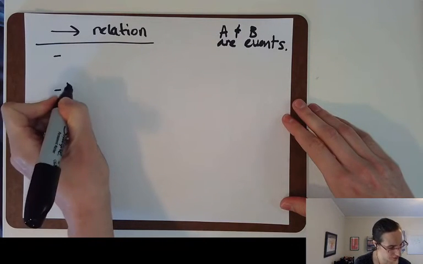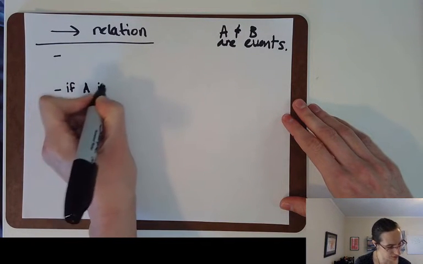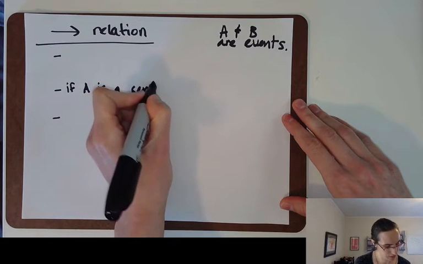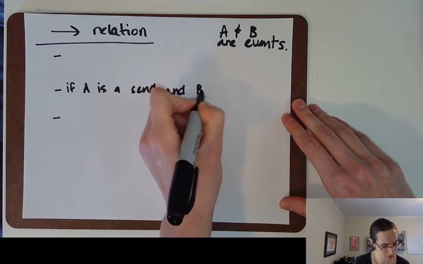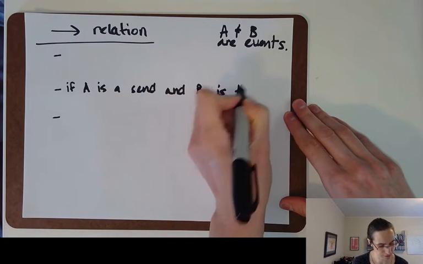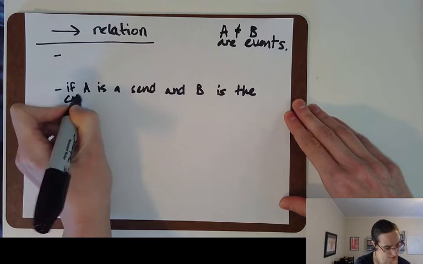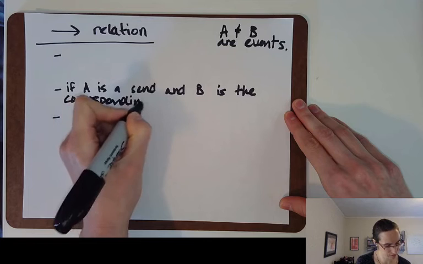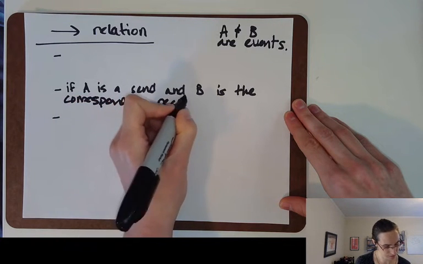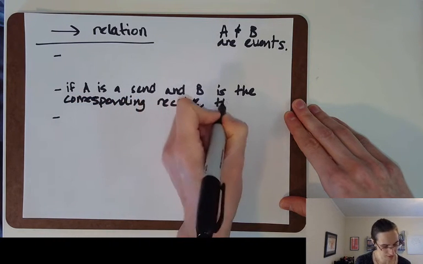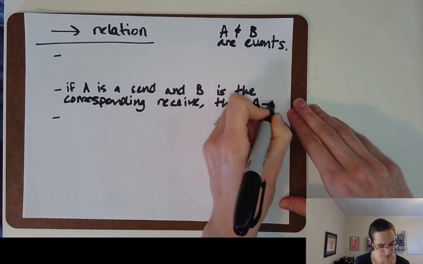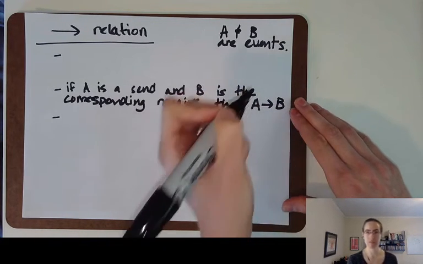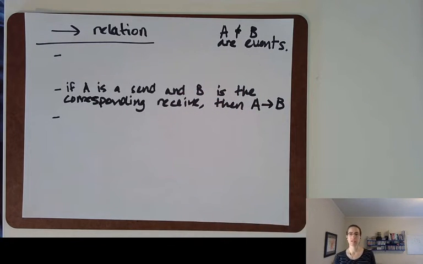So we say if A is a send and B is the corresponding receive, then we know that A happened before B. Okay, what else?